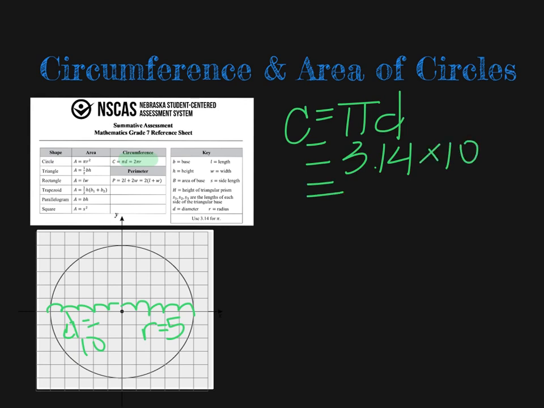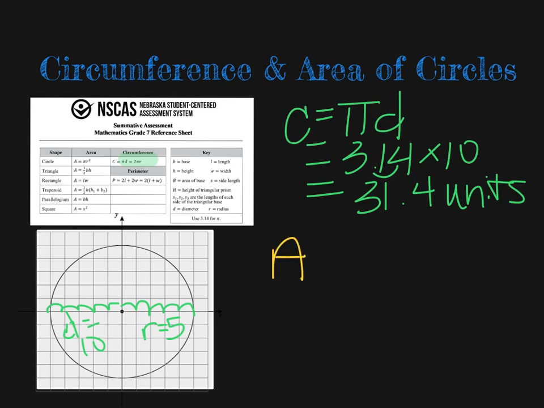I don't need a calculator to multiply 3.14 times 10 because the trick of multiplying by a decimal is moving it over 1. So my circumference is 31.4. And since there is no measurement labeled, you simply always just call it units. So that's 31.4 units.